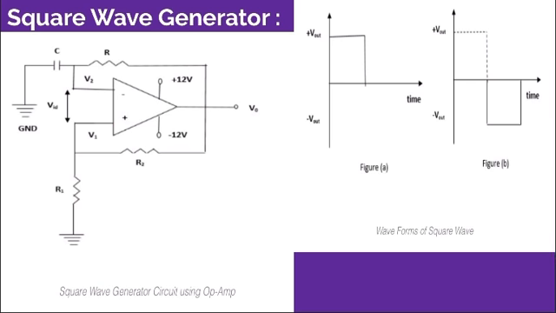The capacitor and the resistor are connected to the inverting terminal of the operational amplifier, and the resistors R1 and R2 are connected to the non-inverting terminal. If we force the output to switch between the positive saturation voltage and the negative saturation voltage of this op amp, we can achieve a square wave as the output.